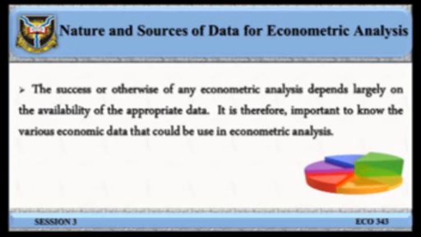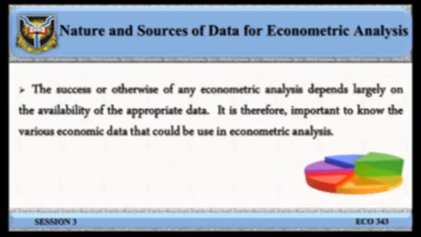Nature and sources of data for econometric analysis. It is vital to know the nature and sources of data that are often used in any econometric analysis. The sources of any econometric analysis depend largely on the availability of the appropriate data.